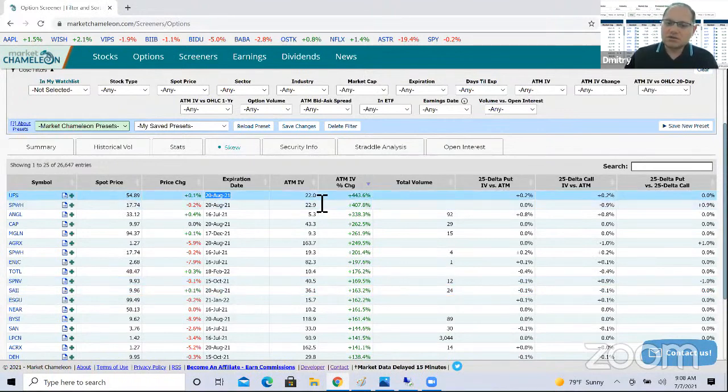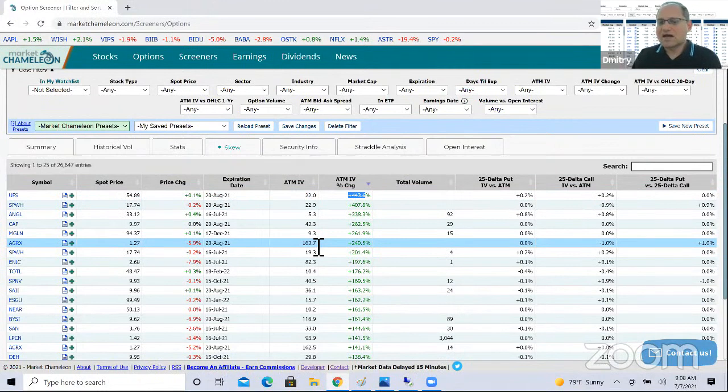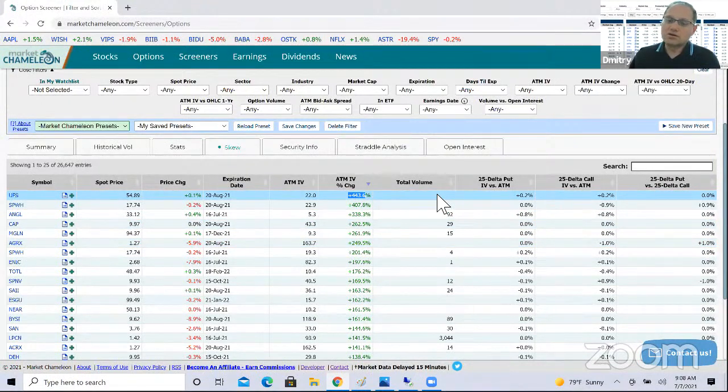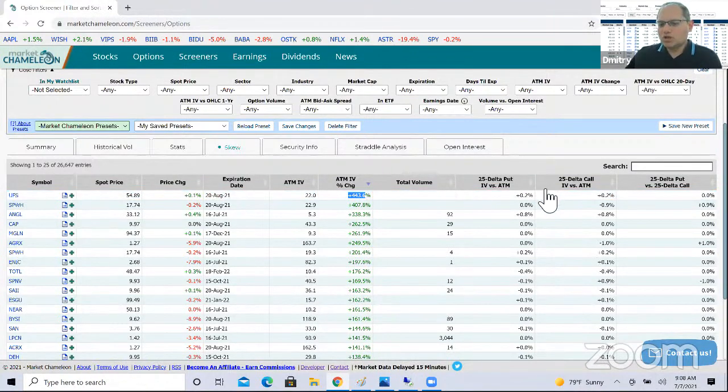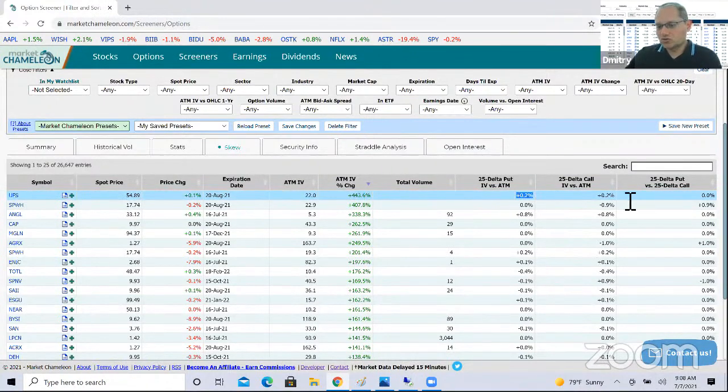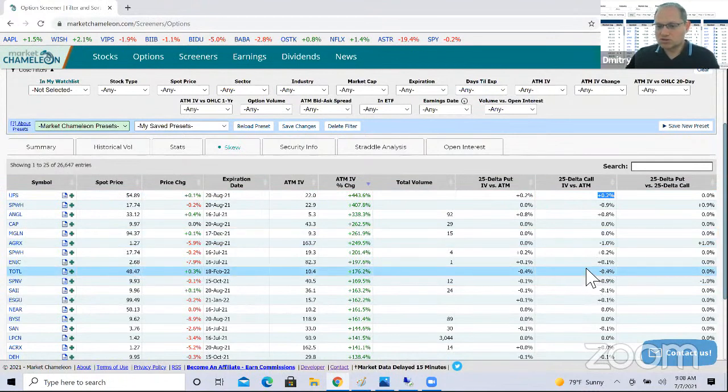This is the at the money implied volatility. This here is what the IV changed on a day from the previous day. Total volume in that expiration for this stock. So we can see here UFC didn't trade any options on this expiration yesterday. And then we kind of have a skew measure here.